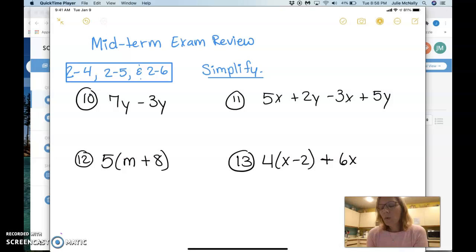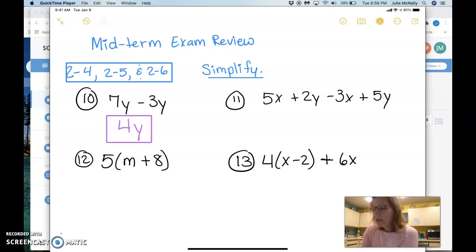So what I need to do is look for like terms. In number 10, I have 2 like terms because they both have a y. So that means I can put them together. I can just subtract the numbers and write the y next to it in the answer. So 7y minus 3y is going to equal 4y.